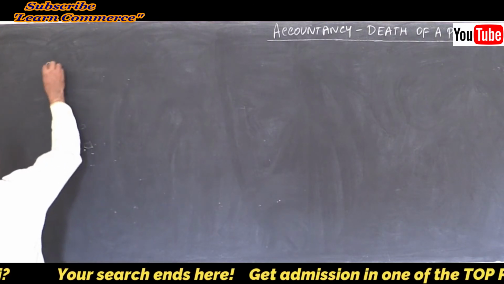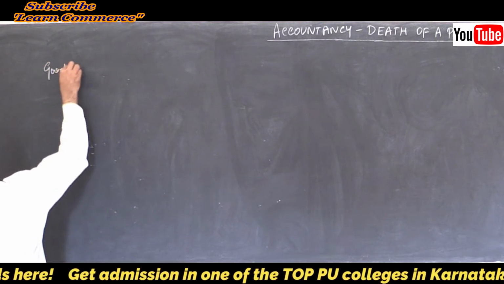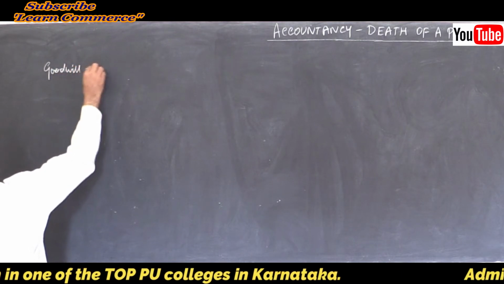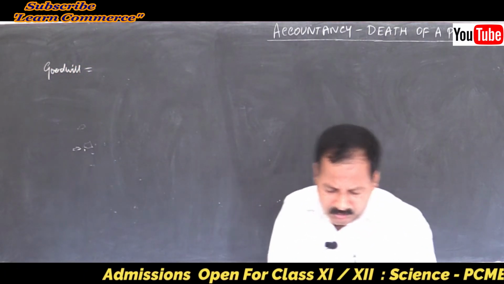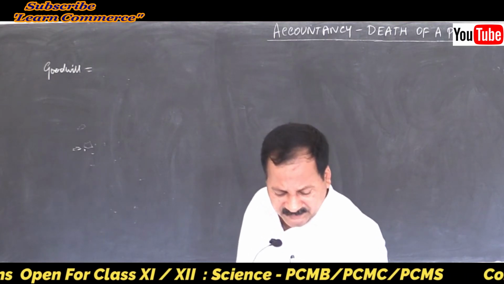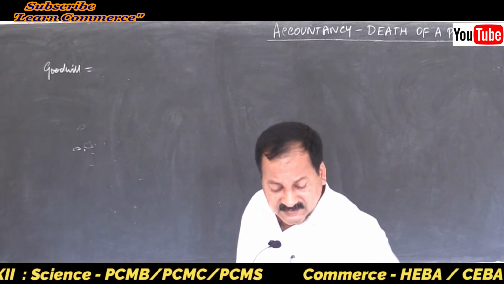Goodwill is equal to 2.5 years purchase of the average profits of the previous 4 years.